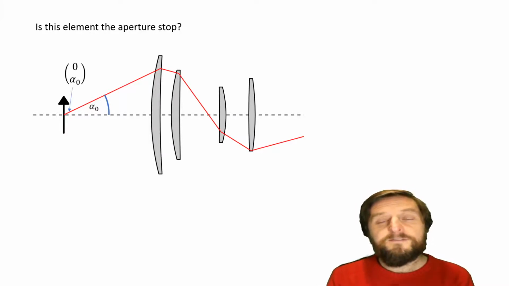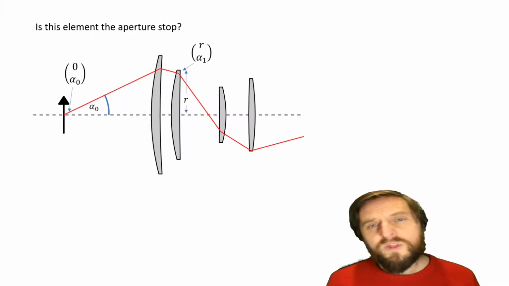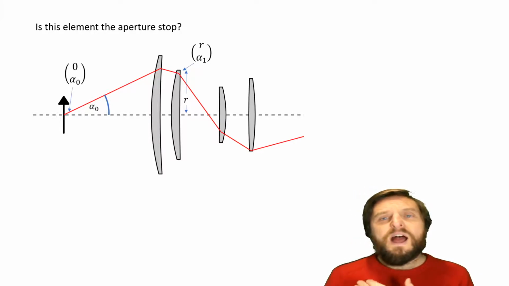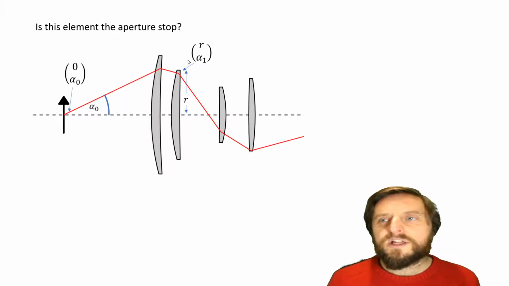So they're going to have a ray vector where the height is 0 and the angle is some angle, which we would like to find out. And we know that's going to end up at the very edge of this particular element. I want to know what angle I have to launch light into this system so that it ends up just at the edge of, say, this second element.